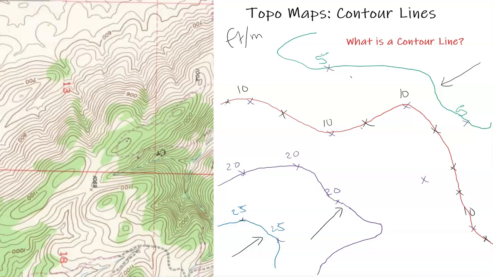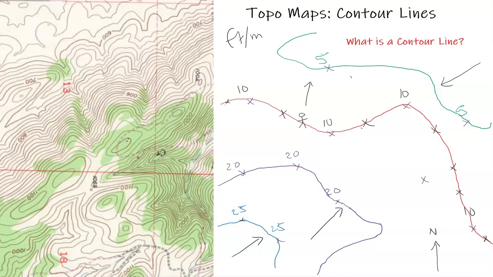So let's say I put a little compass right here for north. If I am going to stand on the elevation 10 right there, and I'm looking north, I will be looking towards the 5 contour line, this green one, which says that anywhere along this green line, it's going to be 5 elevation, 5 feet or 5 meters.